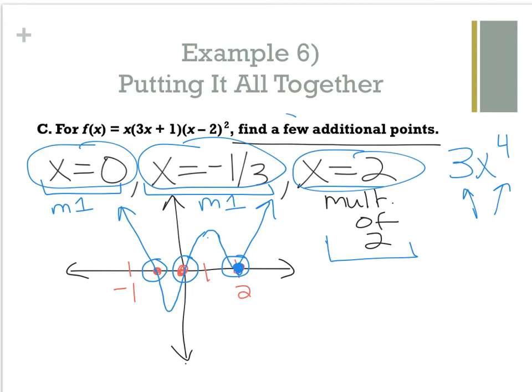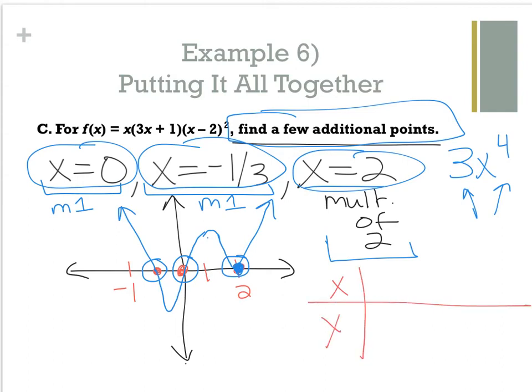Now, the whole point of this is to find a few additional points. I just kind of sketched what the graph would look like. This is just a sketch. It's not an exact graph. And so when I want to find a few additional points, I am going to choose x values that are somewhere in between these zeros, and maybe some that are more extreme.